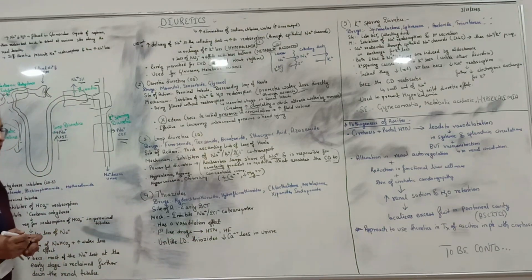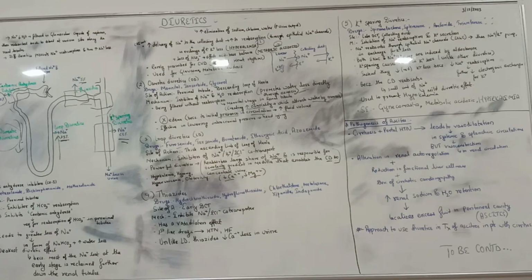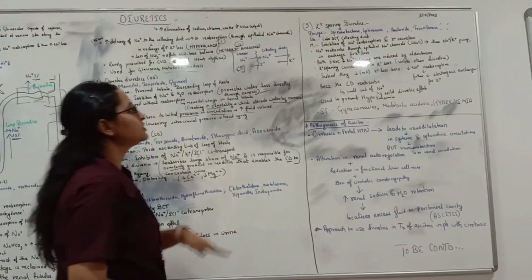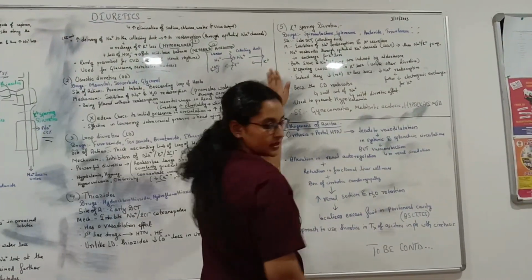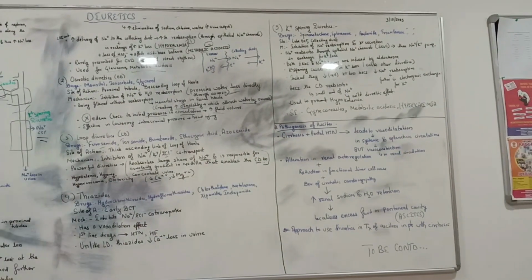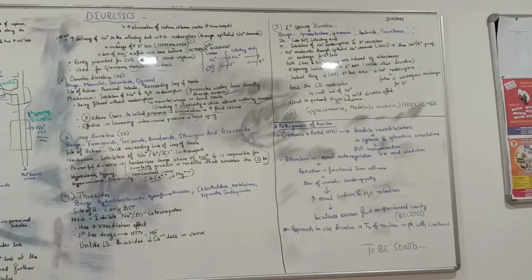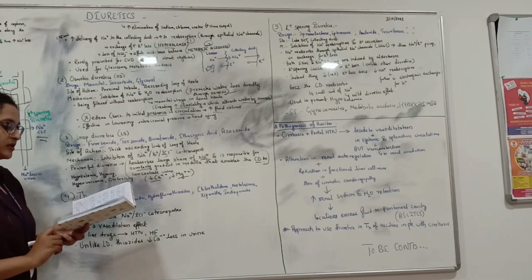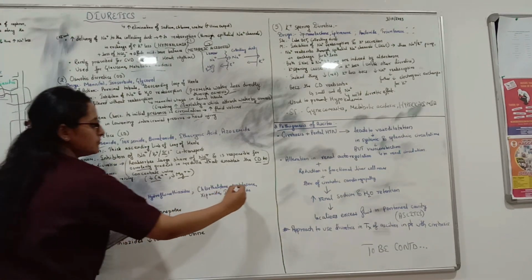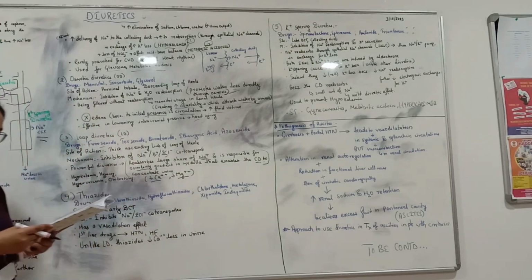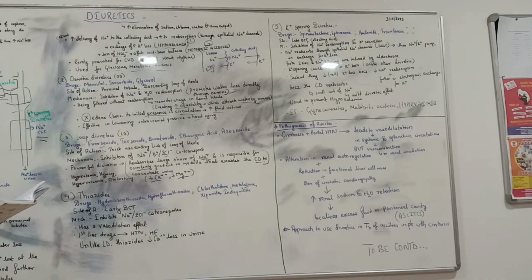Fine now. So let's come to the potassium sparing diuretics. I have one more thing. Metolazone is superior to other thiazides due to the additional inhibition of proximal tubule function.